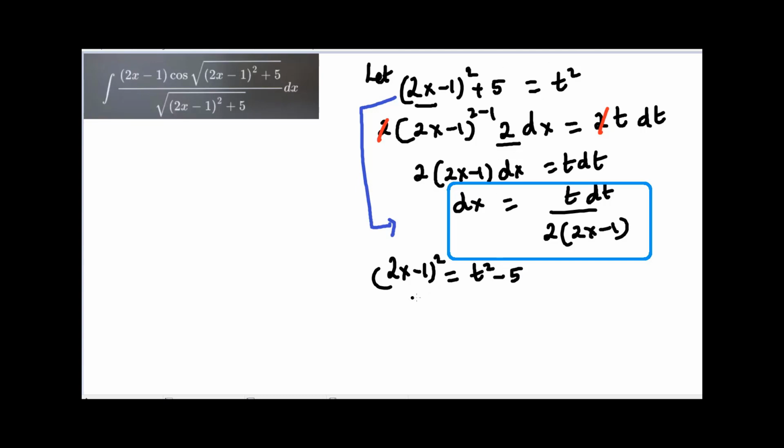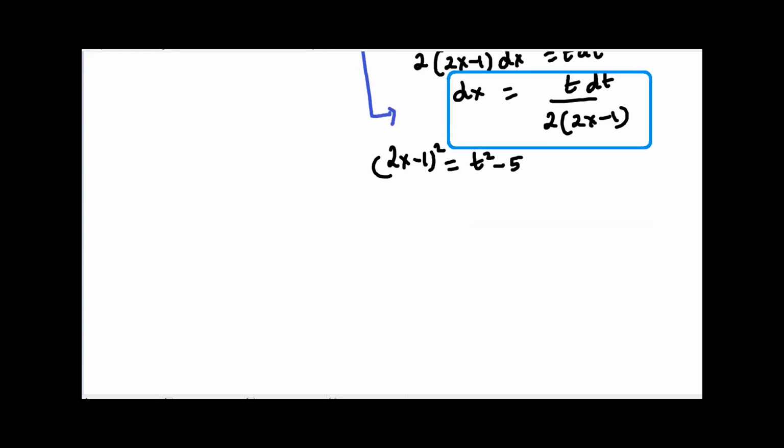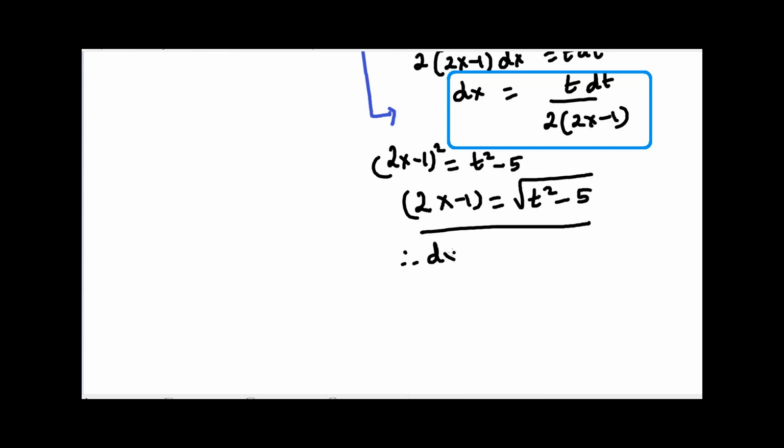Because I'm moving the 5, I am interested in 2x - 1. So move the square to the other side, so you will be getting 2x - 1 is equal to the square root of t squared - 5, and if I were to rewrite dx, it can now be rewritten as t times dt divided by 2 times 2x - 1, which is the square root of t squared - 5.